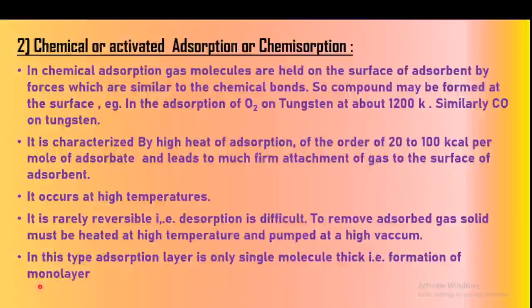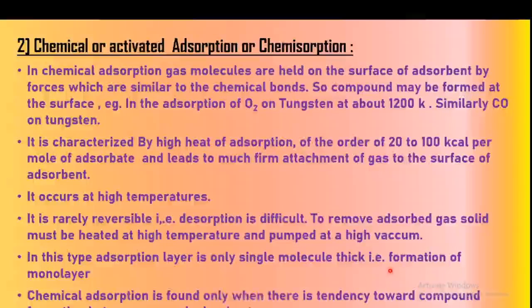In physical adsorption, the adsorption layer was multimolecular. Chemical adsorption is only found where there is a tendency towards compound formation between the gas and the adsorbent. Means chemical adsorption is only possible if there is a tendency for the formation of a chemical bond between the gas and the adsorbent.